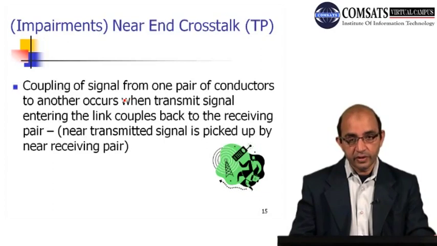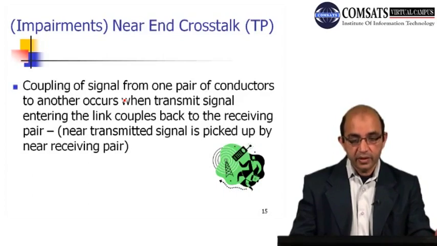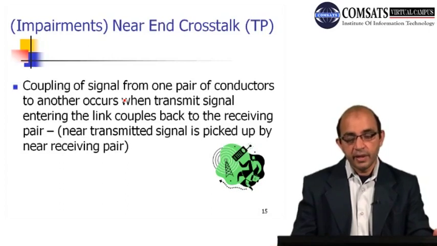If we have a lot of different twisted pairs, the coupling of signal from one pair, the induction from one pair, can produce an EMI for the other pair. So as a result, we can have crosstalk, right?